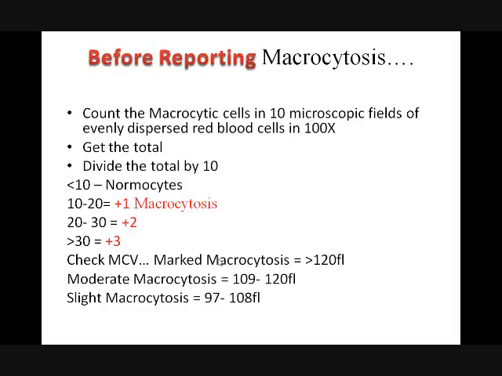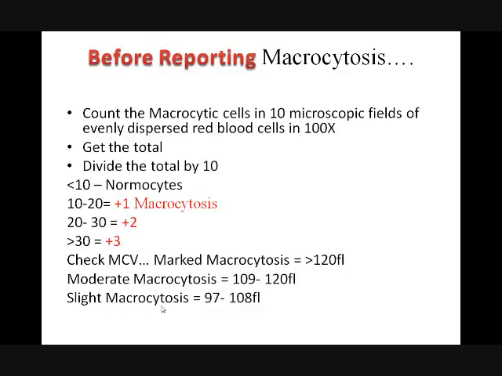Before reporting macrocytosis, again, like for normocytes and microcytes, we want to count the number of macrocytic cells we see in 10 microscopic fields, using evenly dispersed red blood cells in our oil immersion 100X power. You get the total, divide the total by 10. If you have less than 10 large cells, you would call them normocytes. If you have 10 to 20, you would call it 1 plus macrocytosis. 20 to 30 large cells would be 2 plus. Greater than 30 again is 3 plus.